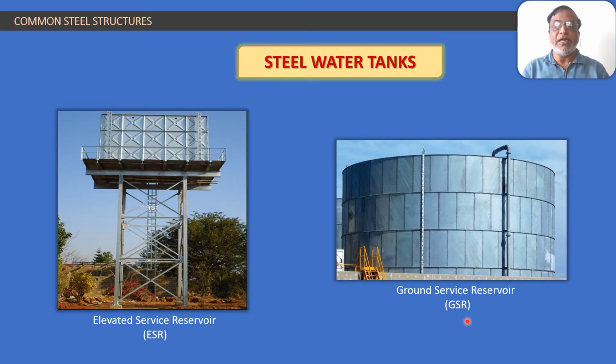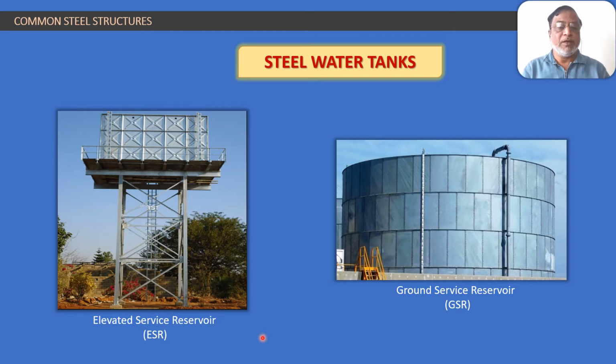Usually you will get huge GSRs in the industries. The second variety of steel water tank is the elevated service reservoir in steel, or elevated steel water tank. That is a water tank which is elevated from the ground, situated at a height.